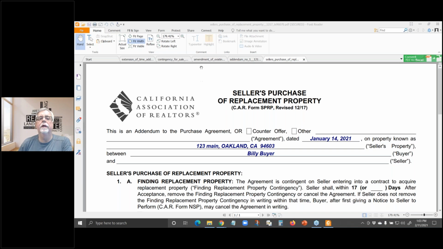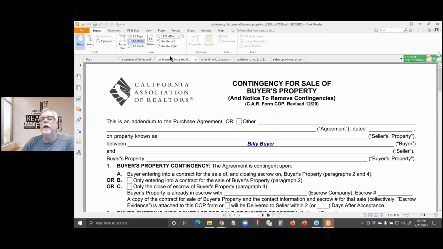And if you're wondering what I'm talking about, they want to make the purchase contingent on the sale of that property. In other words, the seller doesn't want any risk. So the seller is saying, I don't want to sell my house unless I find a replacement property. And then the seller is saying, I don't want to buy this other house unless I can close on the one that I have on my own sale.